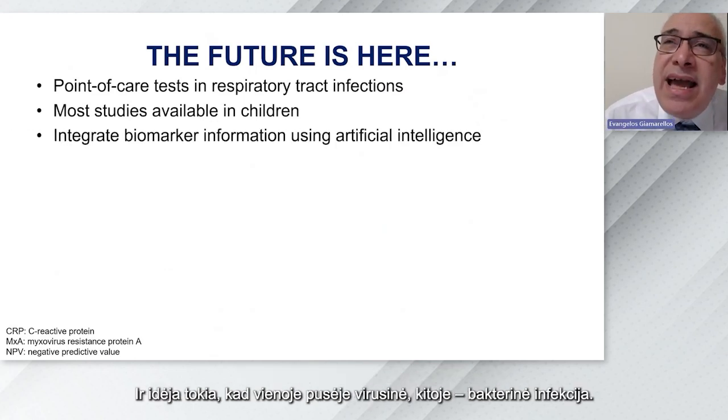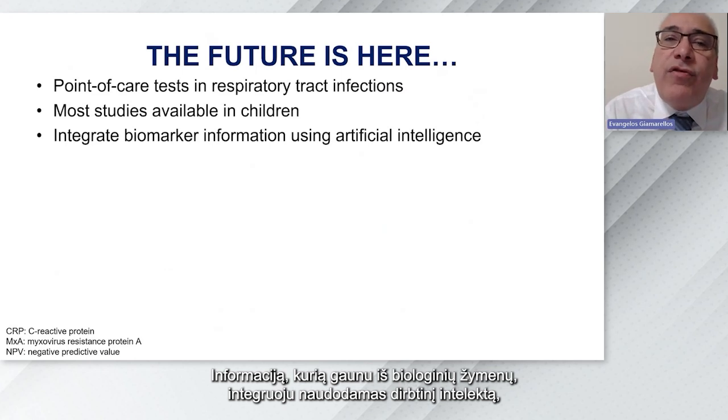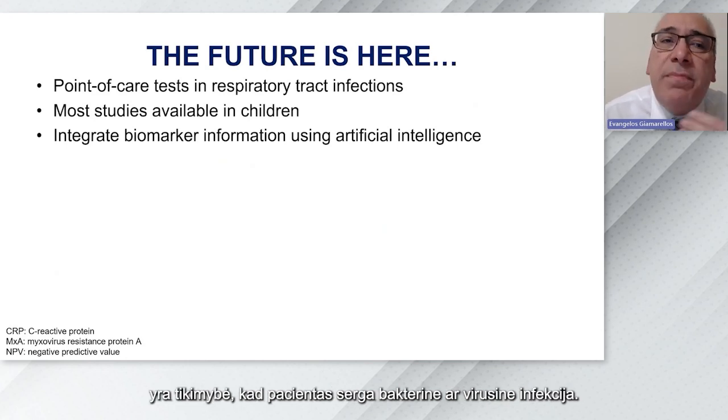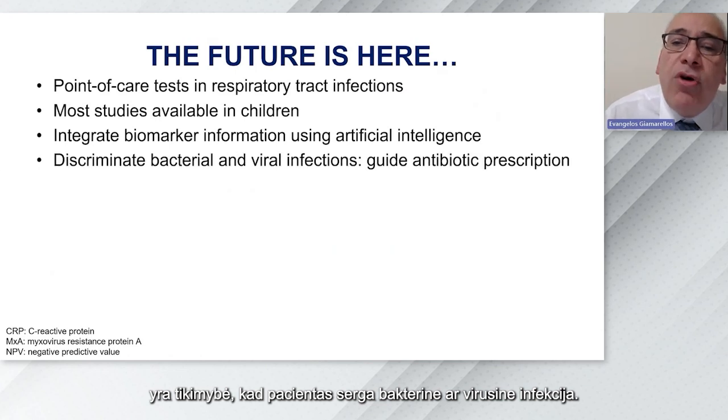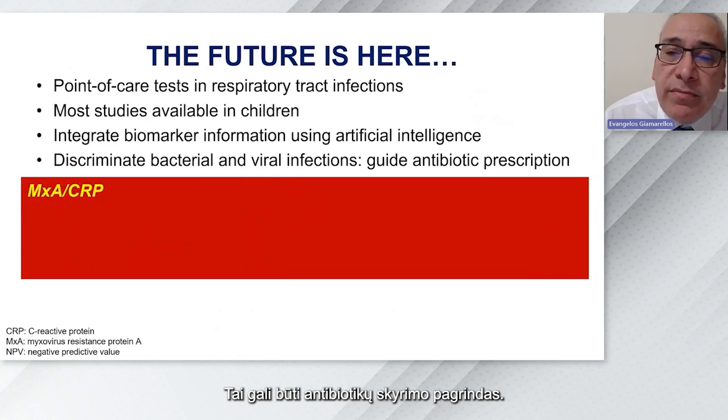And the idea is that one edge is viral, the other edge is bacterial. I integrate the information I get from the biomarkers using artificial intelligence, and the readout I get from my device is the likelihood that the patient is suffering from bacterial or viral infection. And this may guide antibiotic prescription.